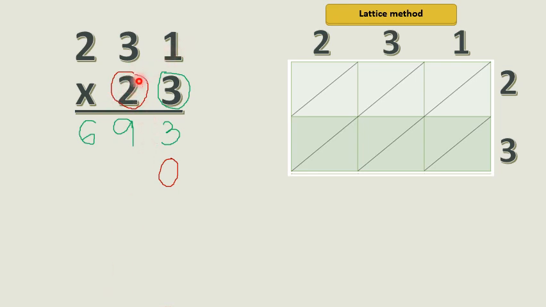So, unahin natin yung nasa kanan, papuntang kaliwa. Okay? So, dito muna tayo sa kanan. So, 2 times 1 is 2. Then, 2 times 3 is 6. And yung last natin is 2 times 2 is 4.